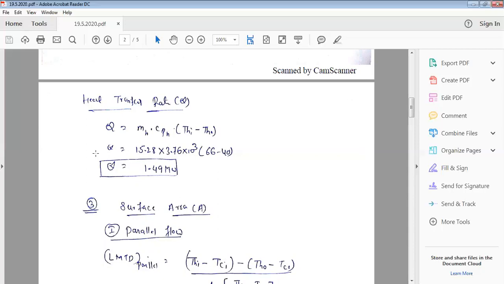It's a simple reason. I hope you understood. That's why we concentrate Q equal to on the hot fluid. Now what is Q? The same equation, mass flow rate, specific heat as given, and if I substitute the inlet and outlet temperatures of hot water, Q comes to about 1.49 times 10 raised to 6. That's why I've written megawatt. That much heat transfer rate is going to take place.